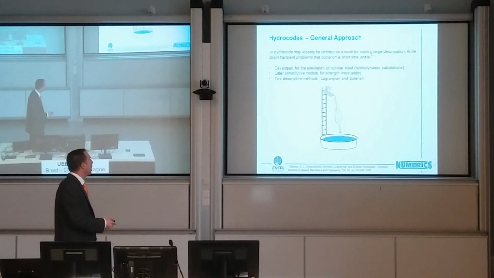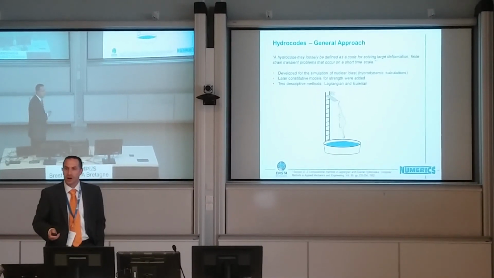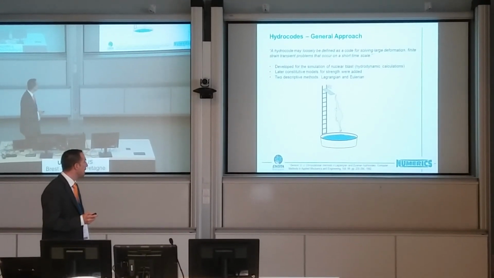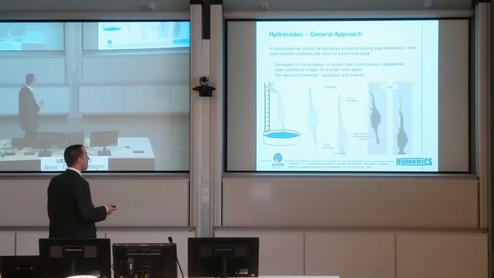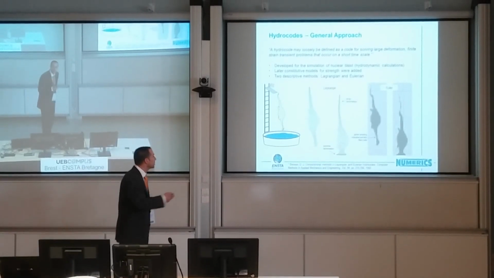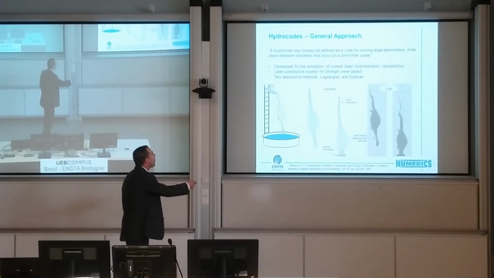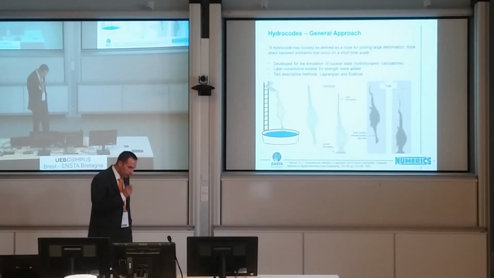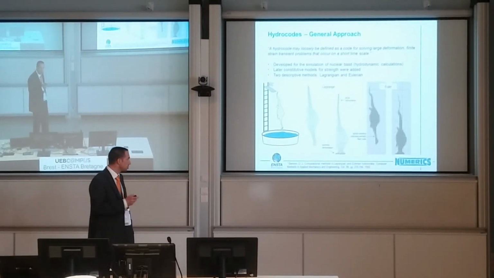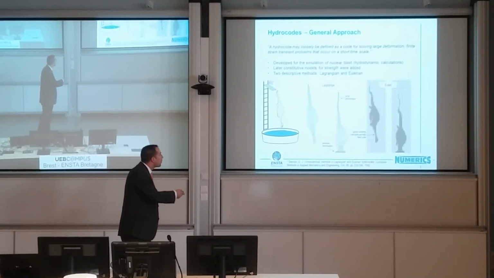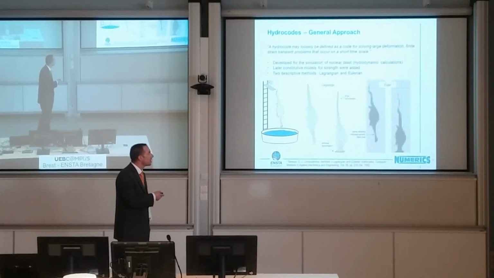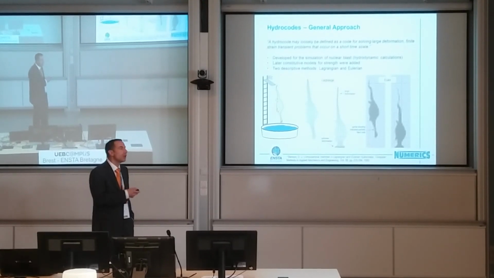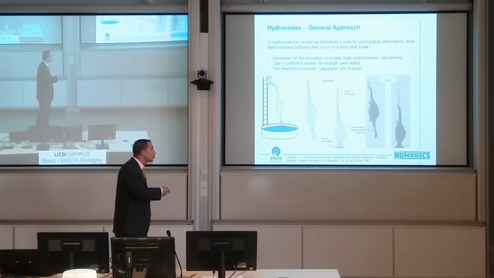So, if we have a look at this problem, the dinosaur jumping into the pool, we can look at this problem in two different ways. The first is the Lagrangian way. So, we mesh the dinosaur, keep the mesh on the dinosaur, so it's a body-bound mesh, and when we hit the ground, the mesh will undergo deformations, and in some cases extreme deformations.